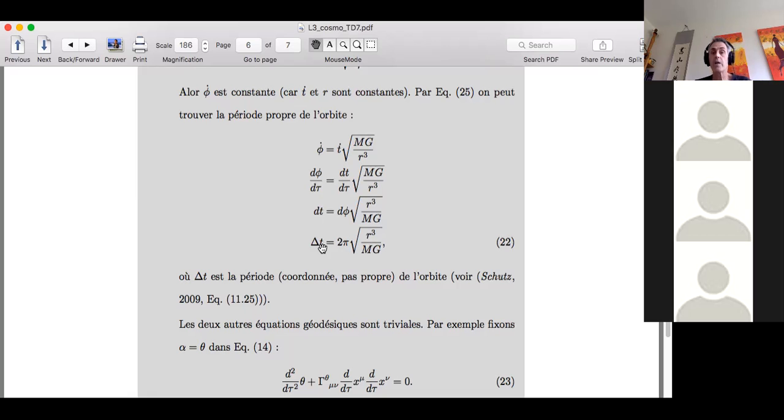It's not the time you would measure with a clock as you go around that orbit. And r is not simply the distance from the orbit to the center of the solar system. It's the radial coordinate, which as we saw in the class is different from the physical distance.